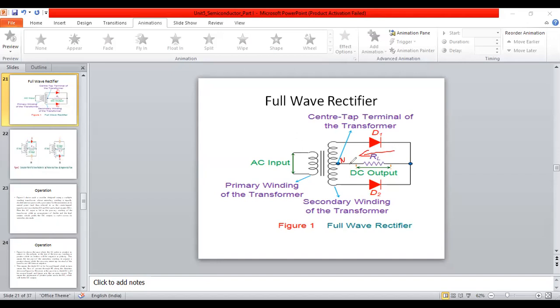The current flows in the same direction. For the positive half cycle, current will flow through the diode and go back to the neutral through the load resistance here. For the negative half cycle, through diode D2, the current will flow in the same direction through the load.